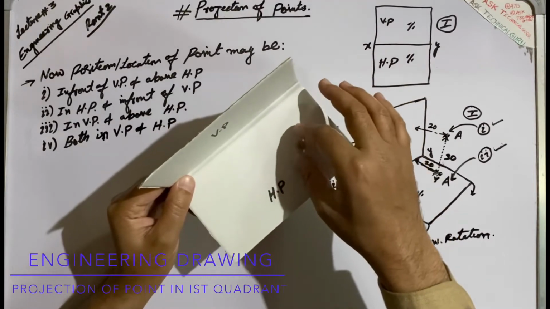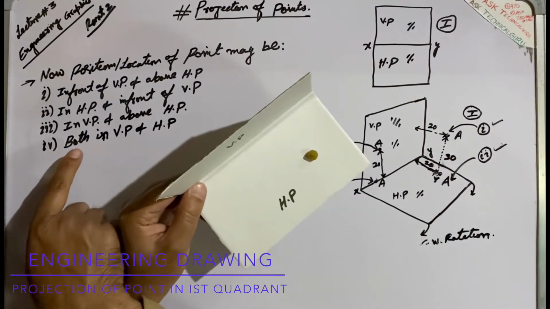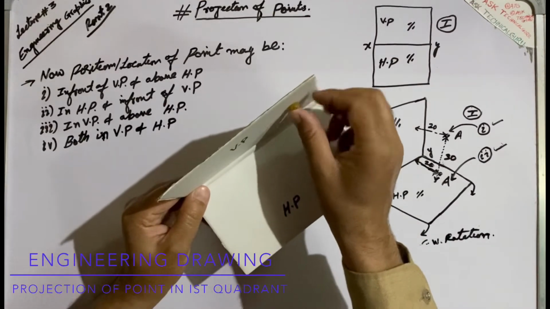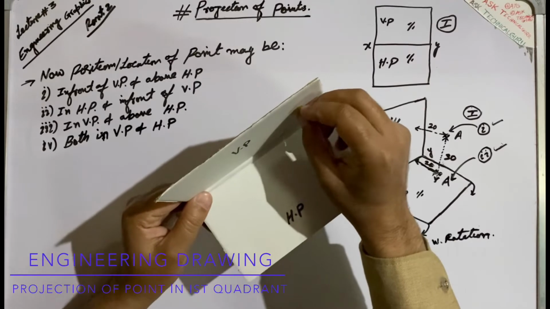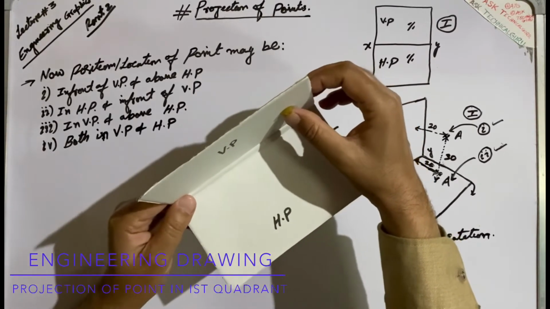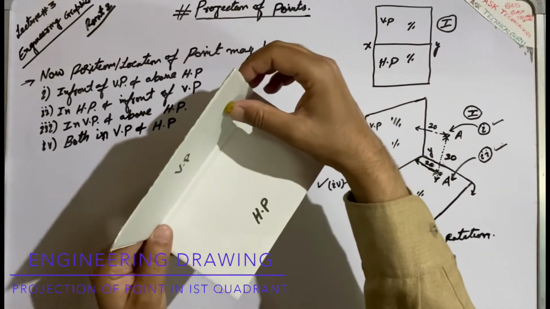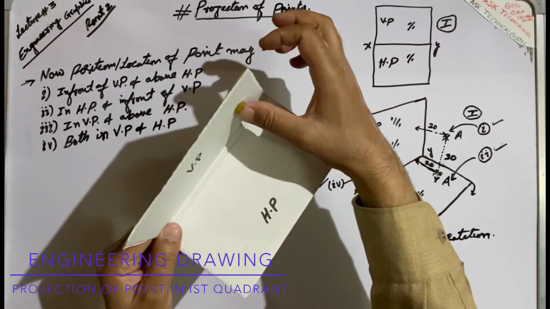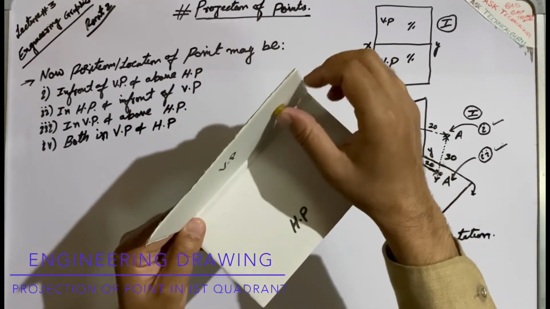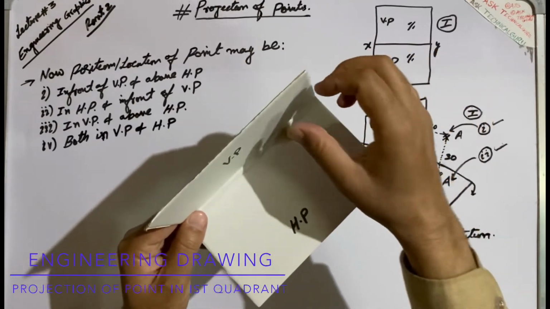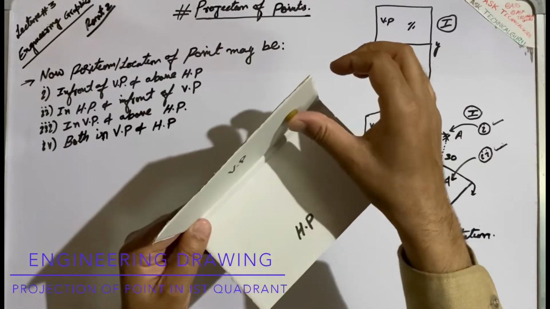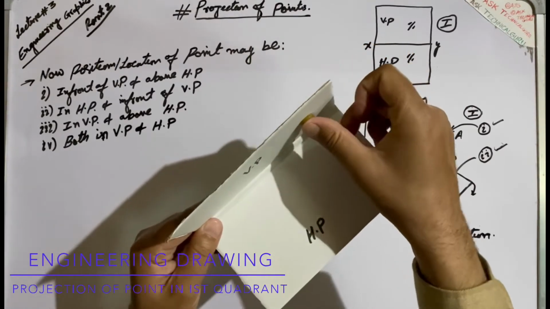Now the third condition is in the vertical plane and above the horizontal plane, means the point is here. It is in the vertical plane but above the horizontal. As it is the vertical plane, if I do not press it, it will come down. So I am pressing it to this, means it is in the vertical plane but above the horizontal plane.